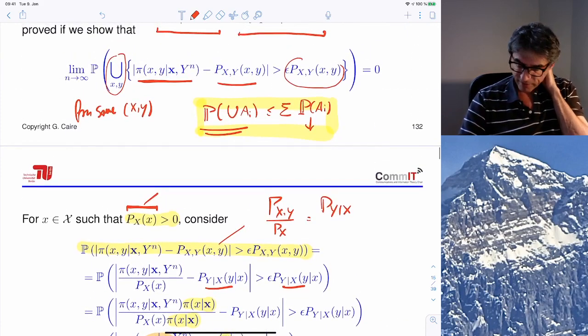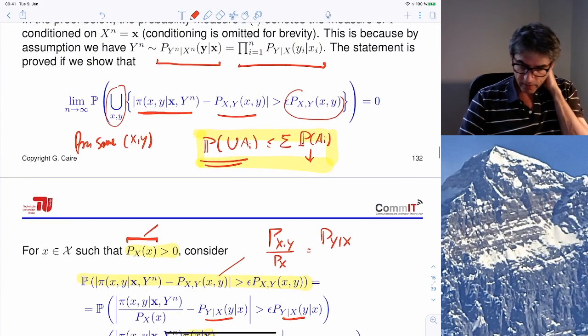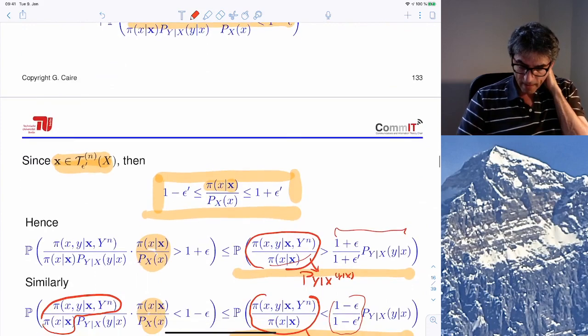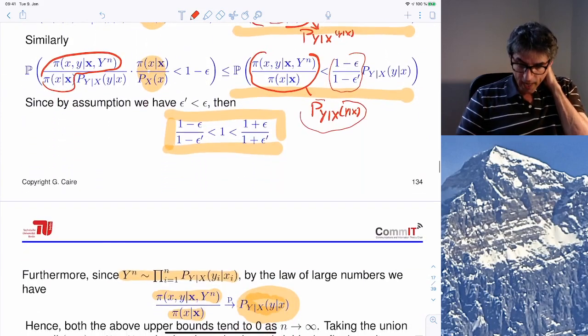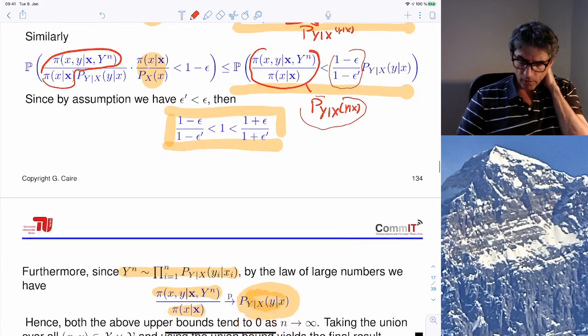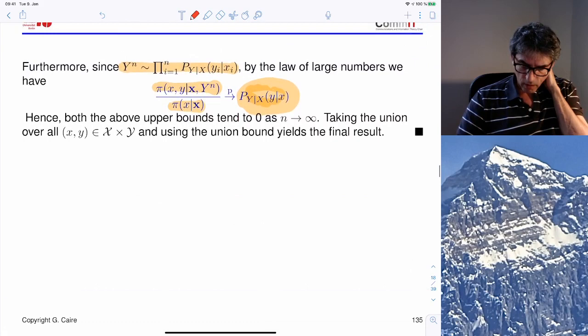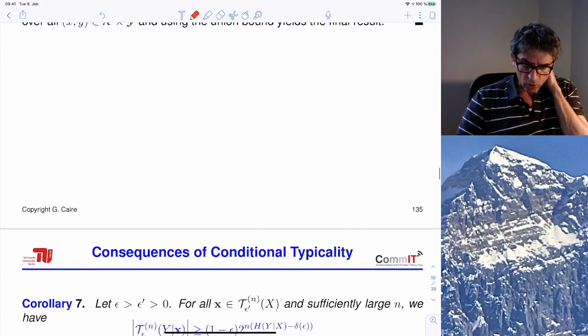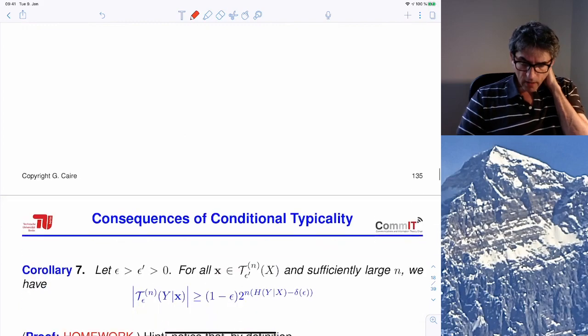There are only a finite number of x's and y's, and therefore by the union bound we have proven that this probability goes to 0. Okay, this concludes the proof.